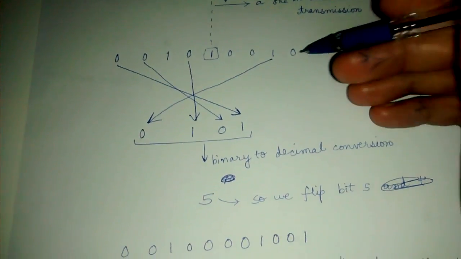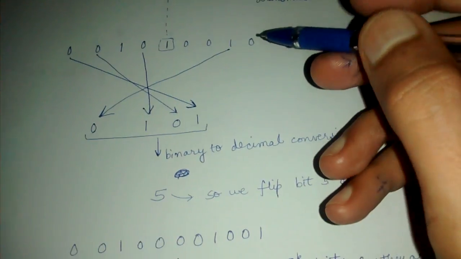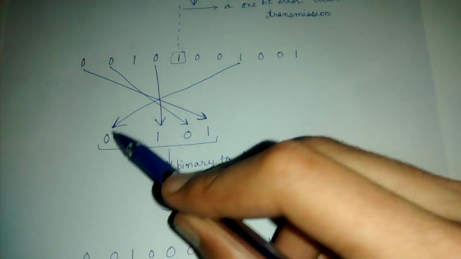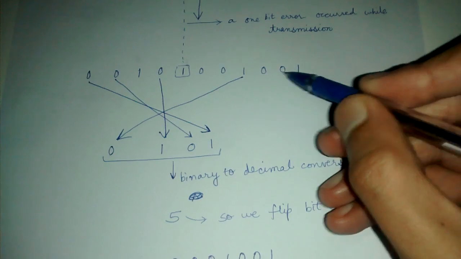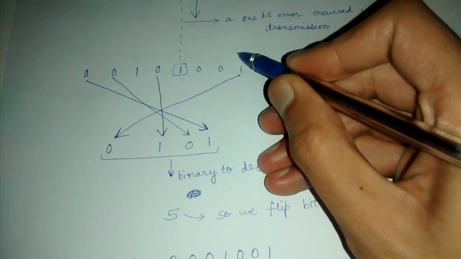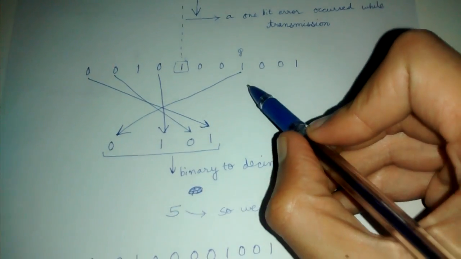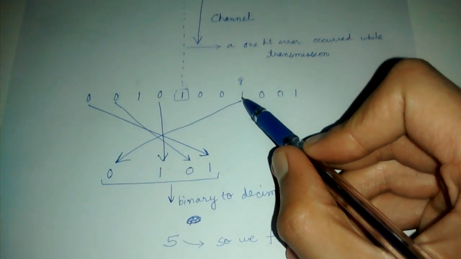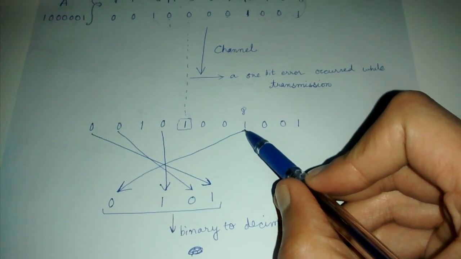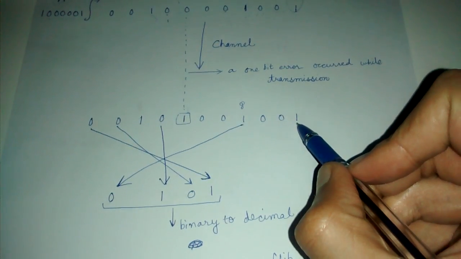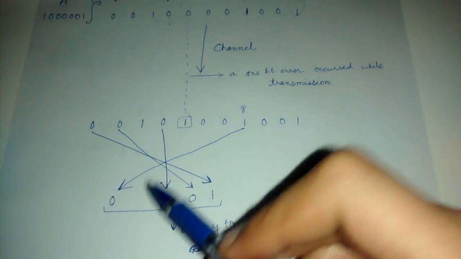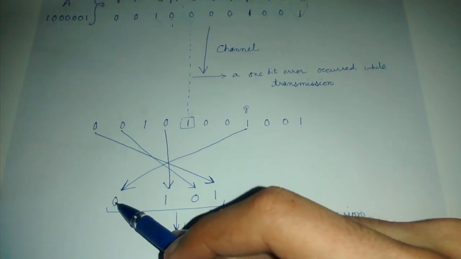So let's say we compute the parity for the 8th bit. We include this one also, and the parity comes as 0.